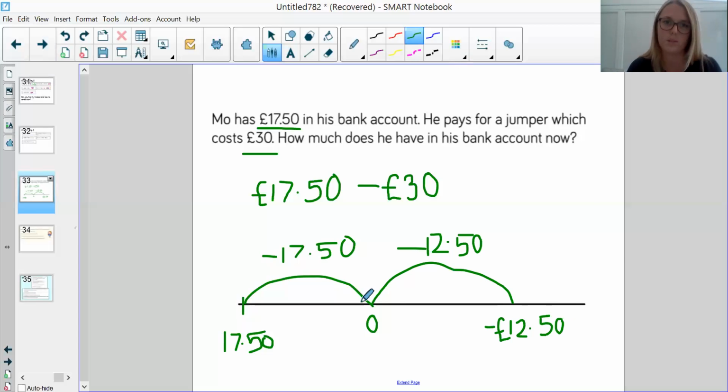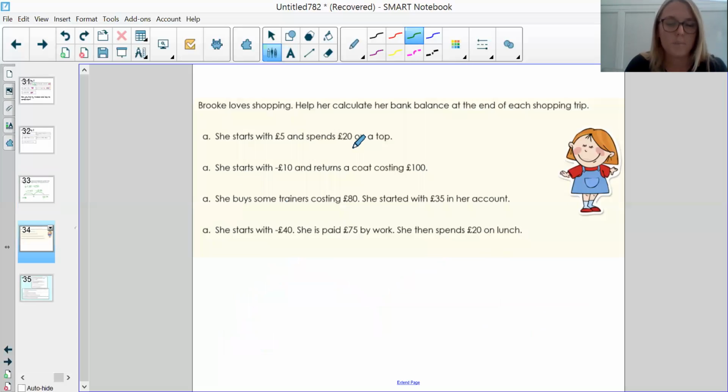We'll work through these ones together. Brooke loves shopping. Help her calculate her bank balance at the end of each shopping trip. Let's start with the first one. She starts with £5 and spends £20 on a top. If you're using the same method, jump to the 0 and then see how much you've got left to subtract after the 0. So we start at £5.